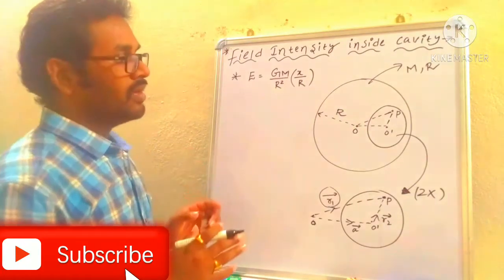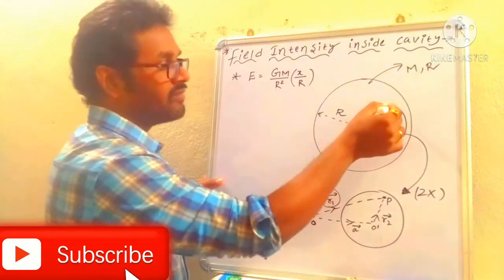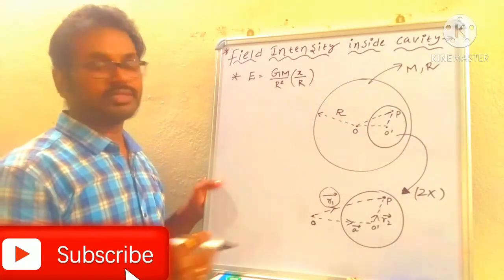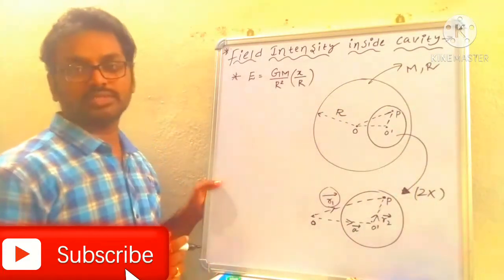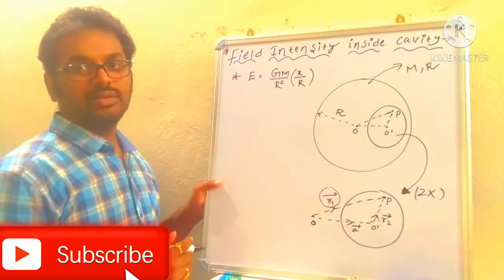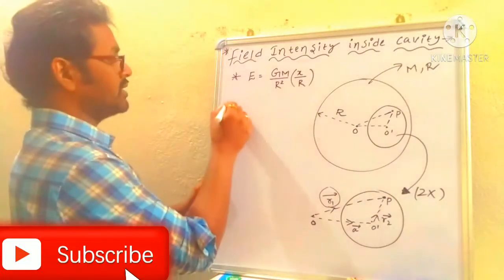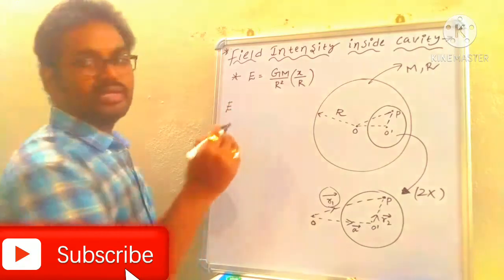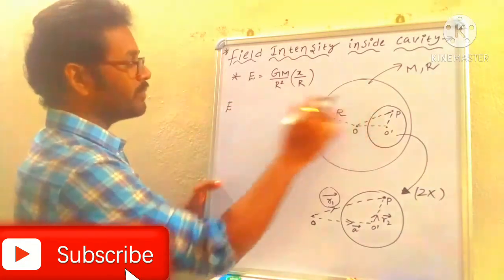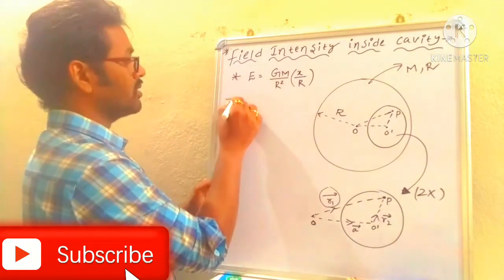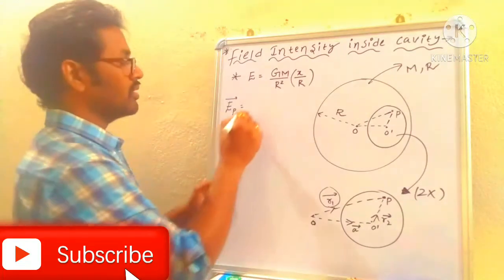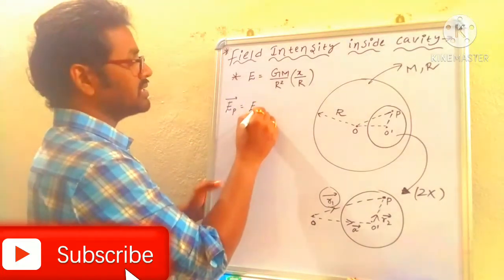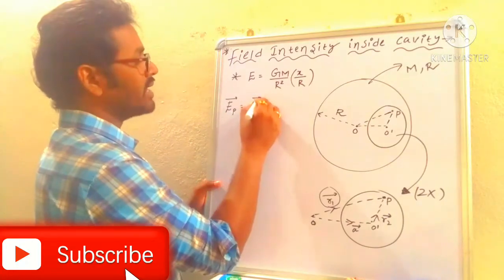But here, how to get the net field intensity at this point? Because we are removing some parts from it. To get that, the field intensity at the point P is equal to the field intensity at this point P due to the entire sphere.